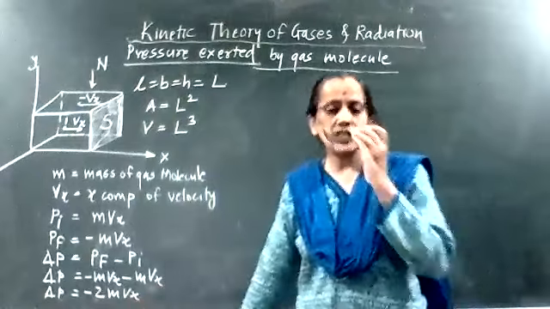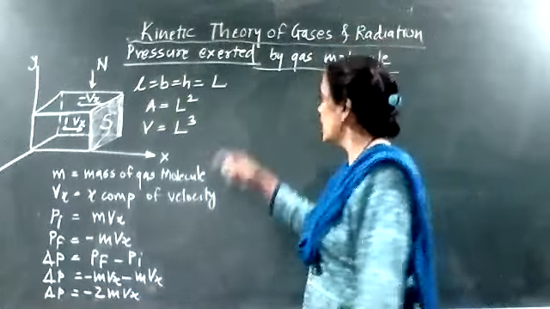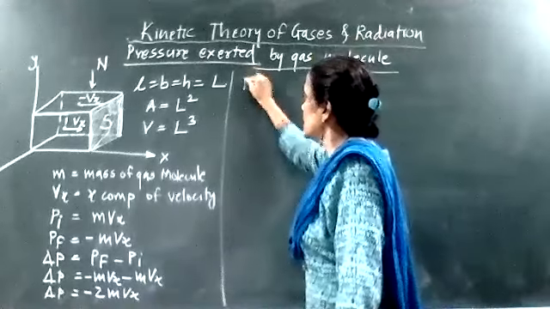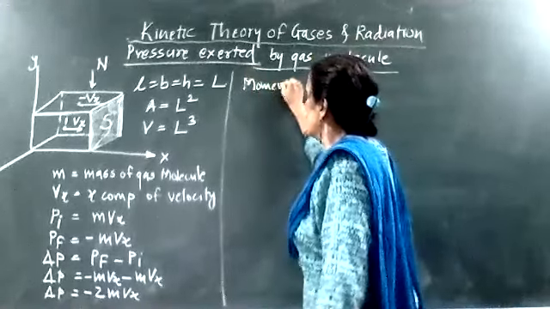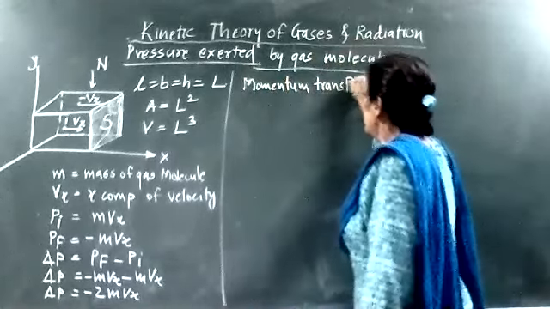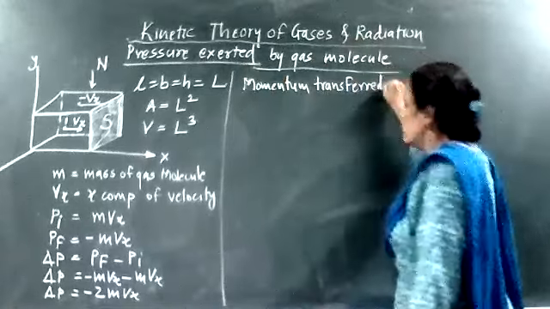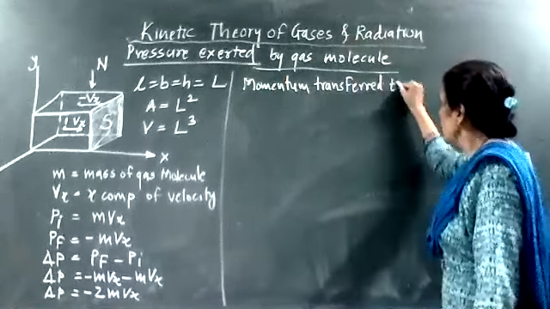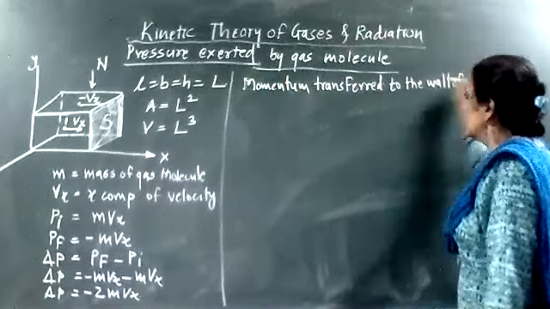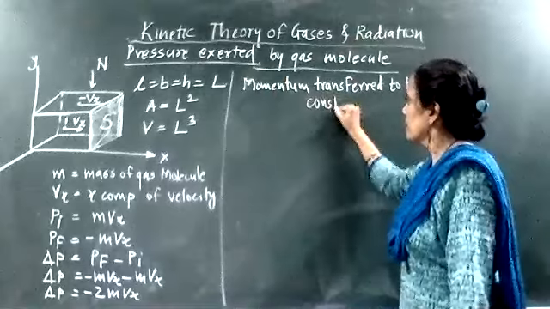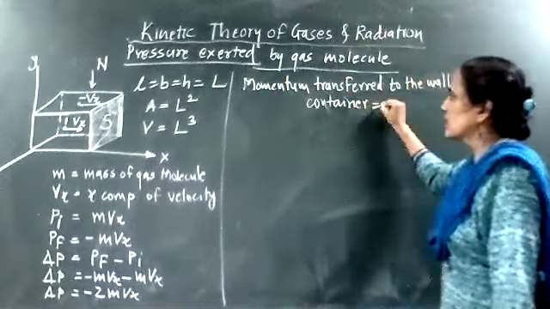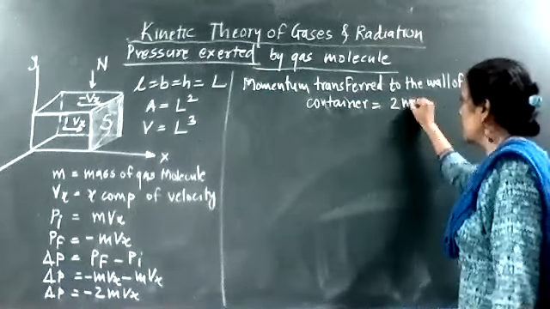During collision, collisions are elastic. Therefore, I can say the momentum transferred to the wall of the container I will write down as twice m into vx.